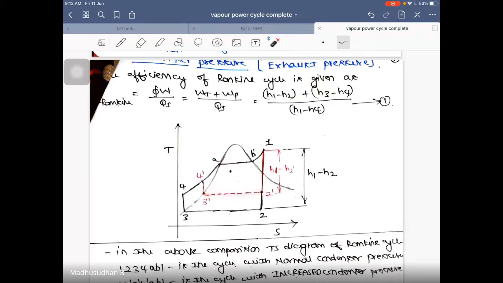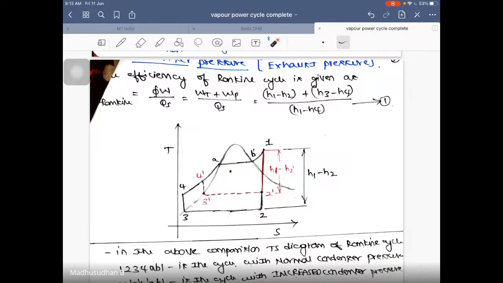Now, for the normal running Rankine cycle, the work output was this much, which is H1 minus H2. When you increase the condenser pressure, the work output became this much, which is H1 dash minus H2 dash. So what is your inference? What happens if I increase my condenser pressure?